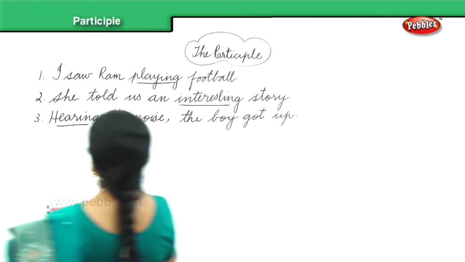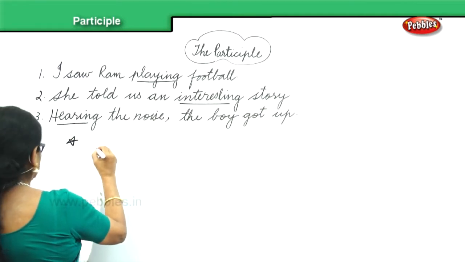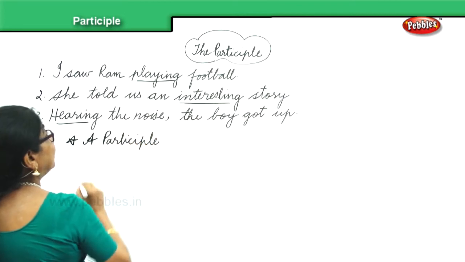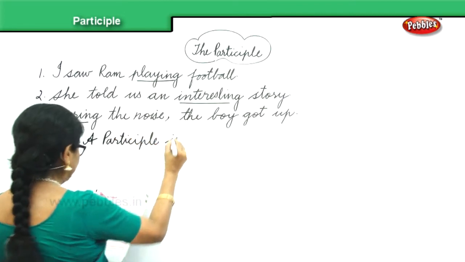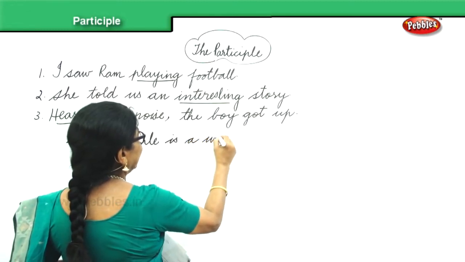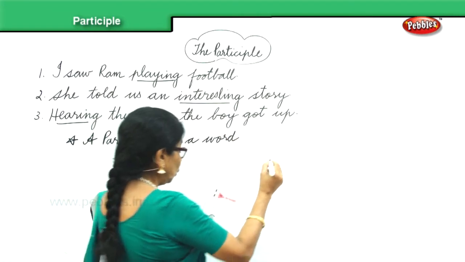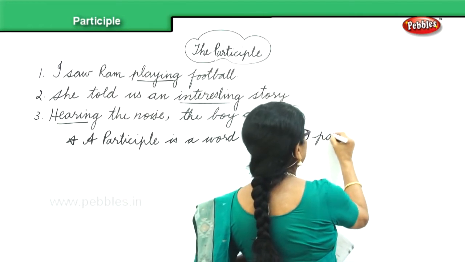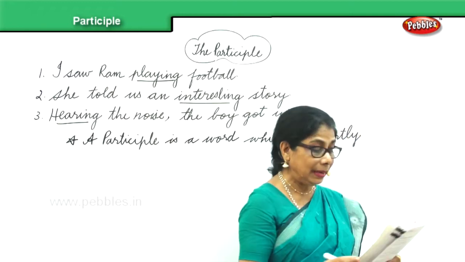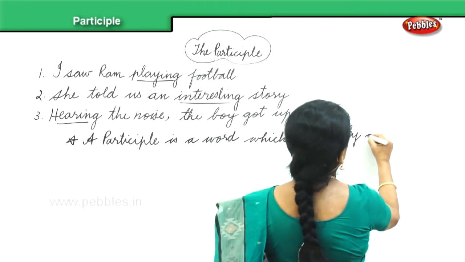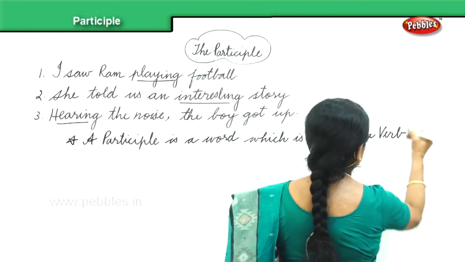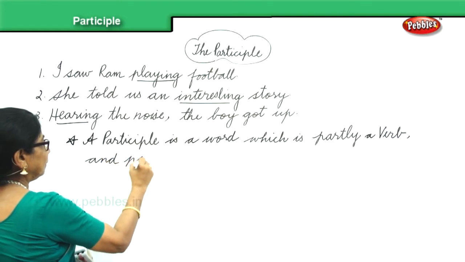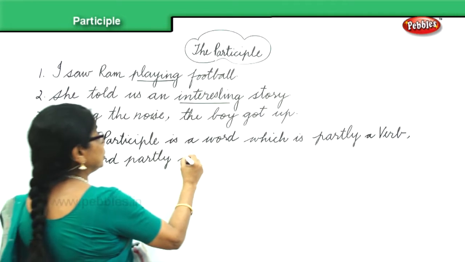So we say a participle is a word which is partly a verb and partly an adjective.